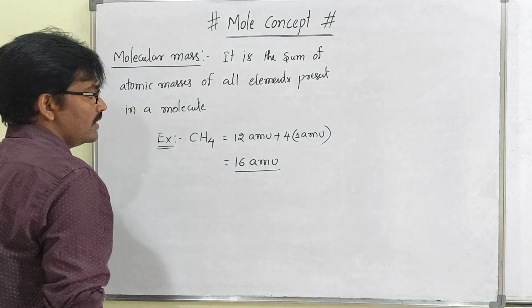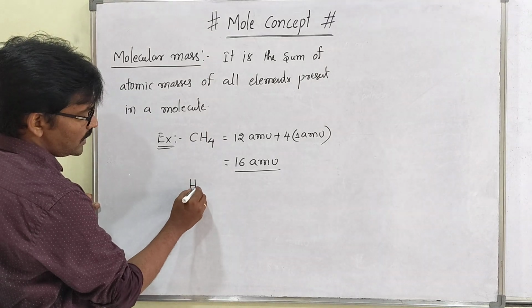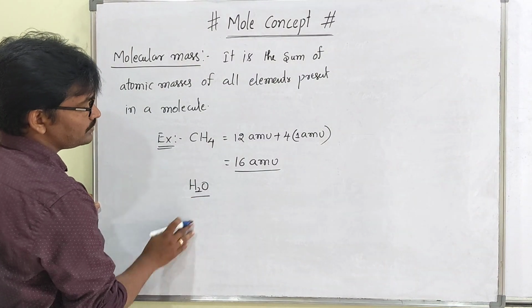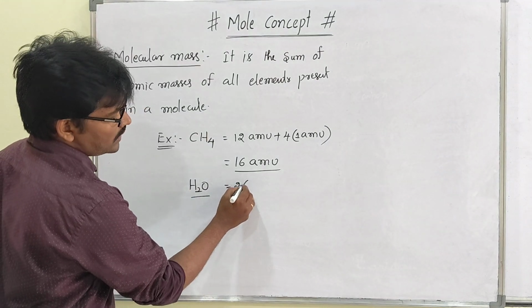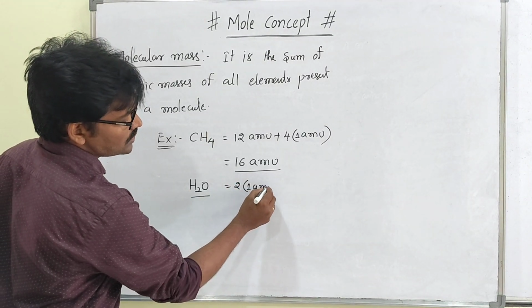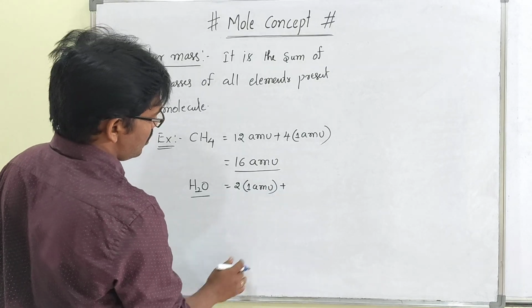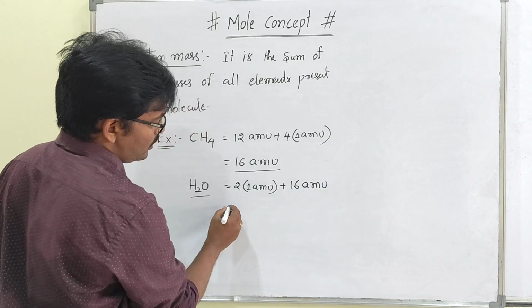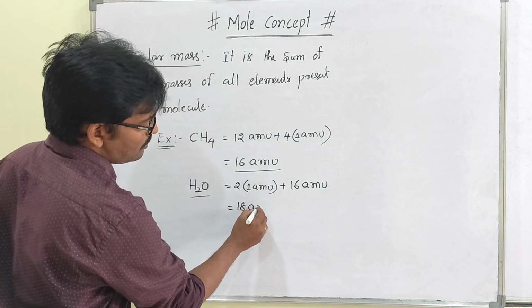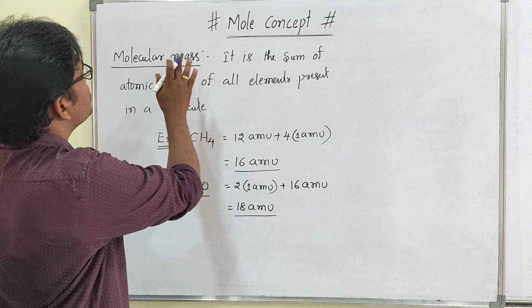Then one more example, if you take H2O. 2 hydrogens are there, each hydrogen 1 atomic mass unit. Then plus, sir, oxygen, what will be there? 16 atomic mass units. Then total 18 atomic mass units.